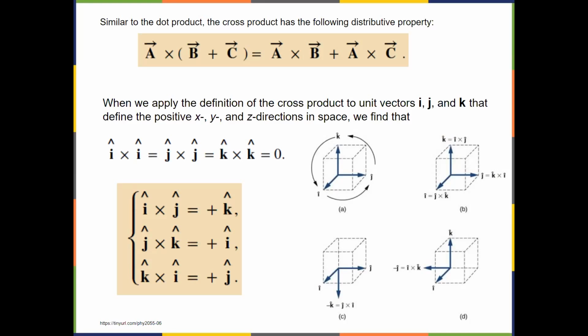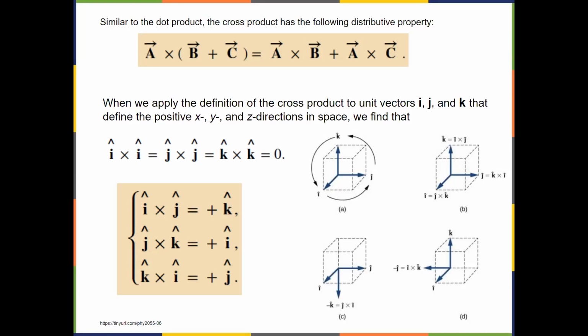Now, special cases, for example, if you have the unit vectors of the x, y, and z directions, okay? So when you are doing I cross I, that should be the same as J cross J and K cross K, that should go to 0, okay? Because remember, the magnitude of the cross product of two vectors is the magnitude of the two times sine of the angle between the two, right?